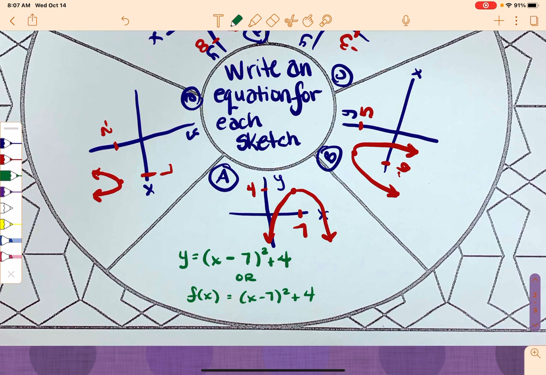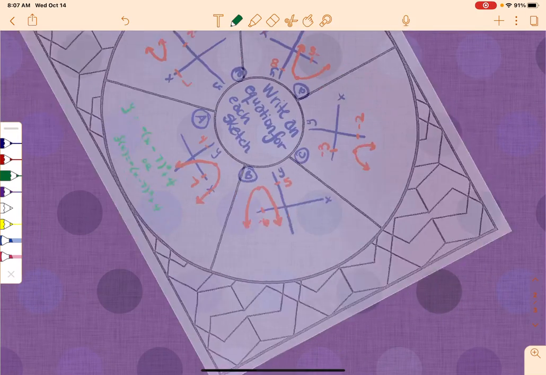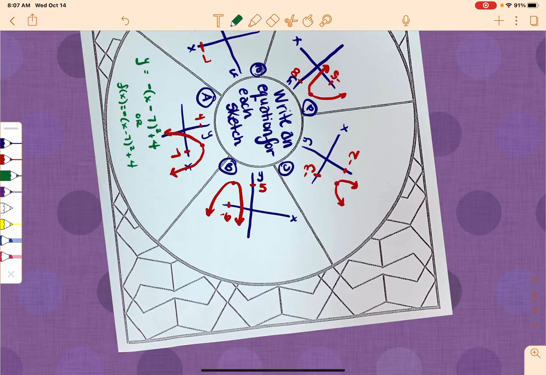So don't forget your negative in front of there. That negative tells you it's going to open down. My bad. I should have added to that. So make sure the negative's out there. Don't have to put a 1 with it, but you do have to make sure the negative's out there. Okay, my bad. Now we're on the right track here.